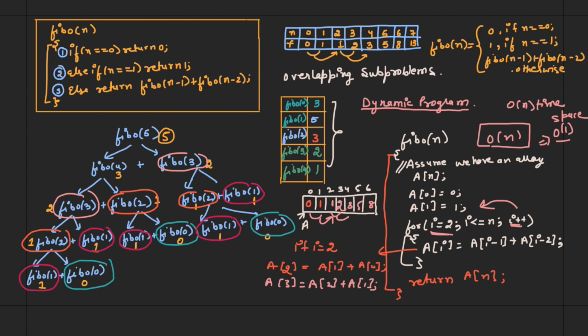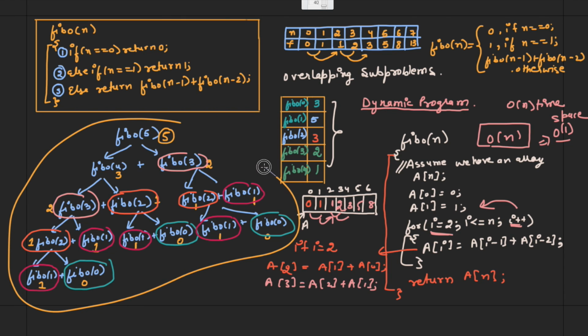For example, consider this previous case, this complete recursive tree which we were discussing.